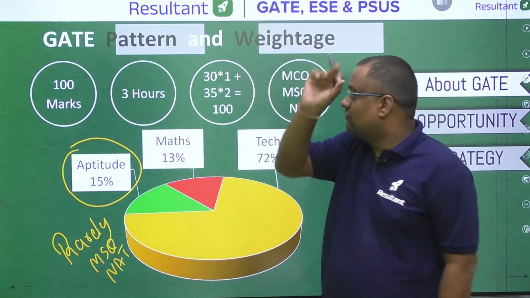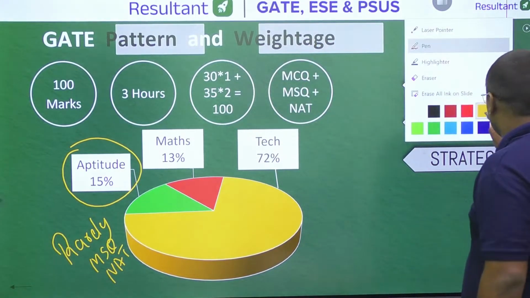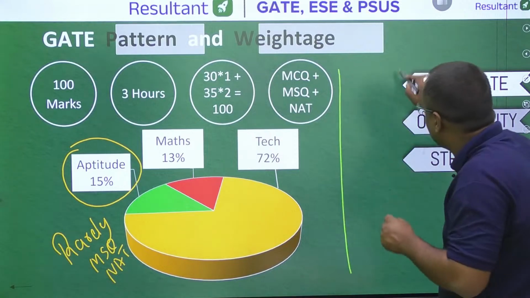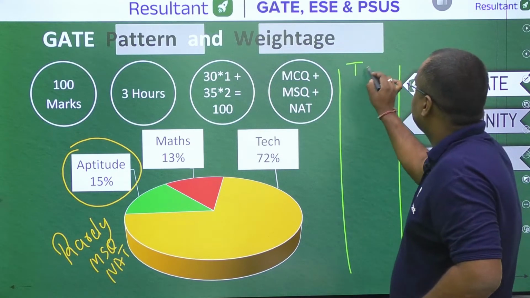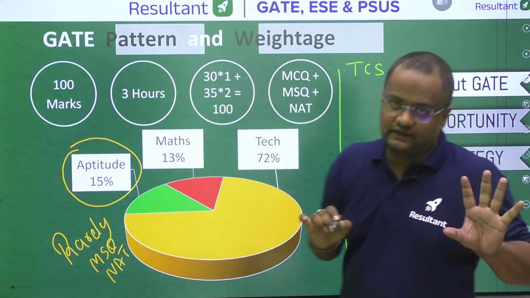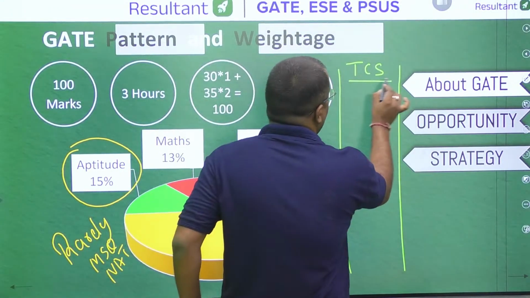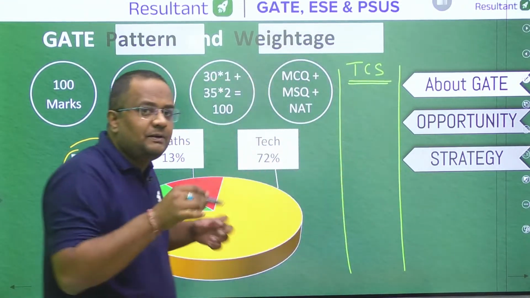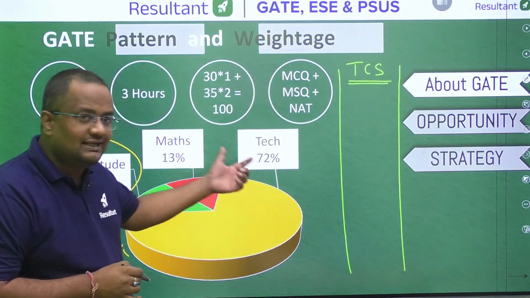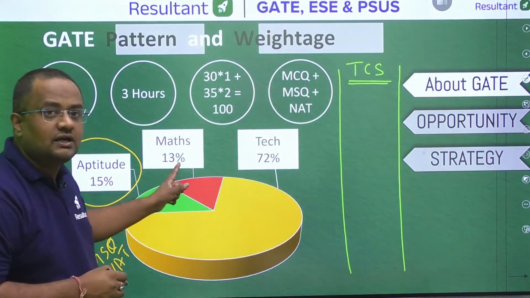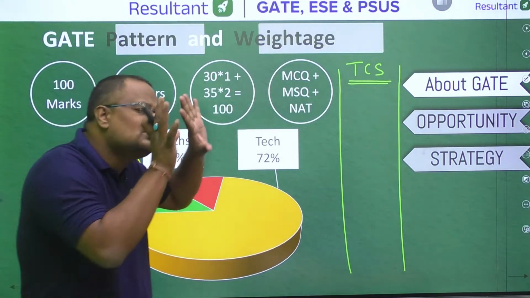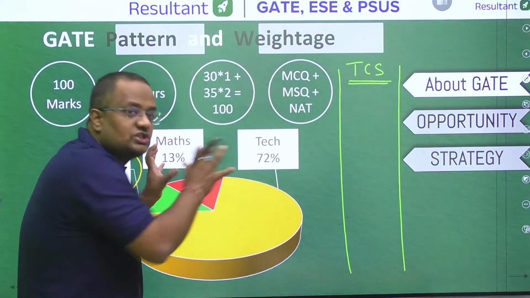Okay guys, now one more thing, when you get the paper, there will be an online interface provided by TCS. Once you start the test, people think that 72 is technical and 28 marks are non-tech. But when the paper comes, the distribution is not like this.